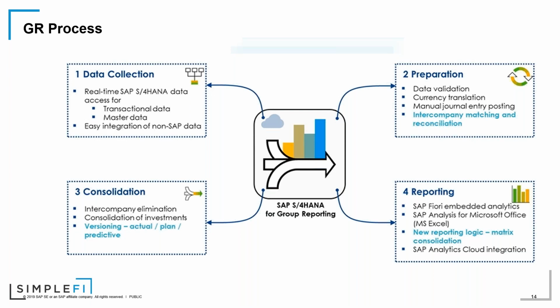So there are a lot of different tasks, and we'll go into what tasks a couple slides from now. A lot of different tasks that cover things like data validation, currency translations, the ability to enter manual journal entries at multiple steps in the process, ability to run those intercompany matches and reconciliation.